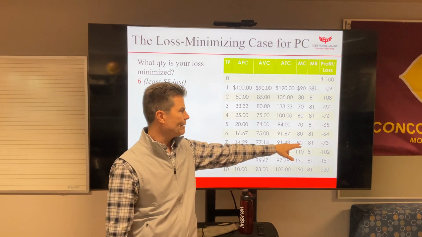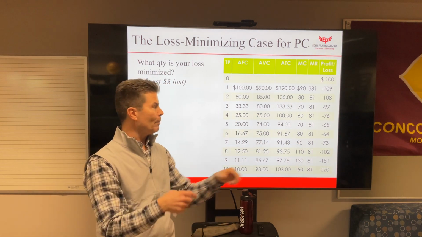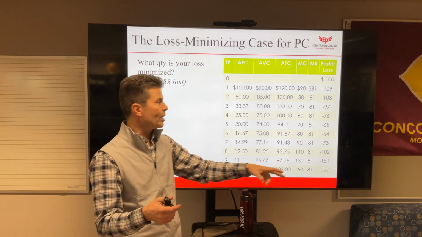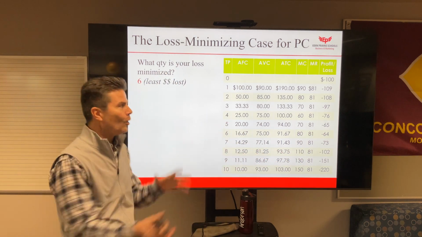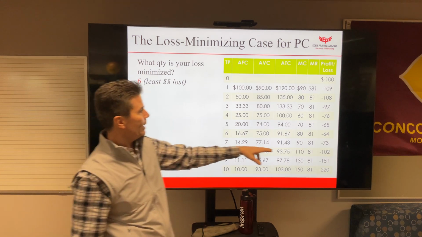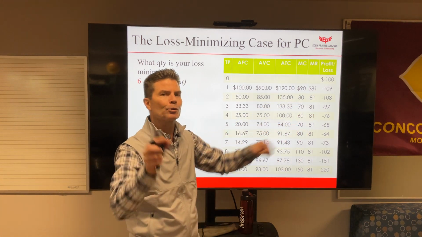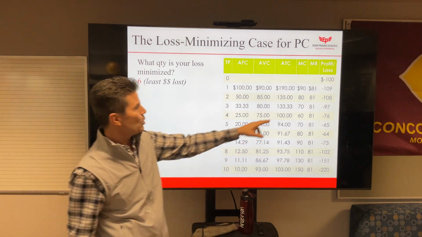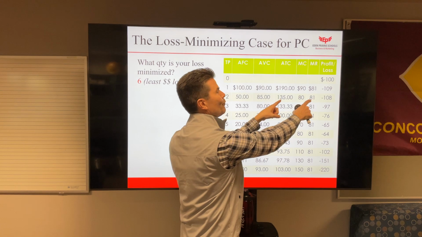Because if you go to 7, your marginal cost is more than marginal revenue, and now I'm losing more money. So you're no longer making a profit, because look here, this $81 is your MR, but that $81 also represents your price. How do I know if I'm profitable or not?